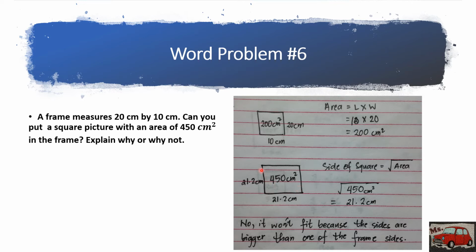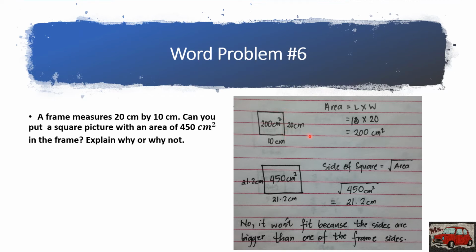So, para malaman natin yung side niya, again, kunin natin yung square root ng area. So, the square root of 450 square centimeter is 21.2 centimeter. So, yung bawat side ng square picture na to is 21.2 centimeter. So, ang tanong, magkakasya ba siya dito sa side, saka sa side na to?